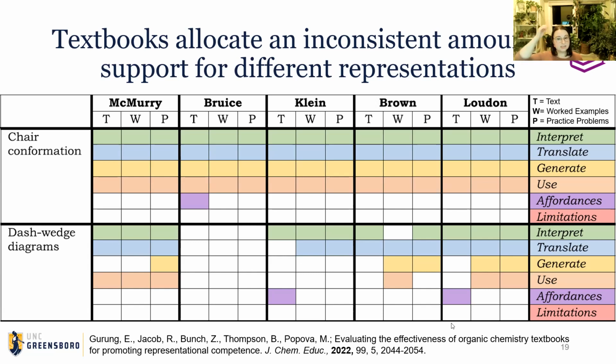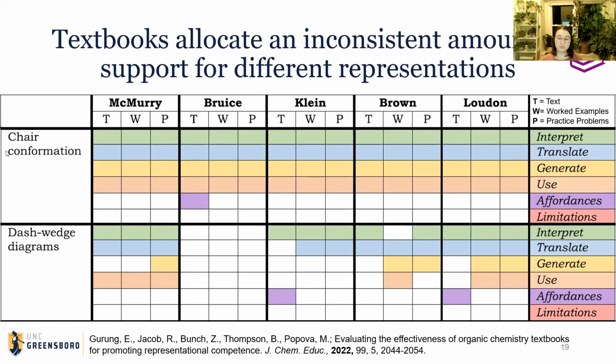But we can see a very different picture. Something else that our team was puzzled by: if you think about which of these 2 representations is more commonly used in organic chemistry, I would imagine you all will agree that dash-wedge diagrams and skeletal structures are the two most commonly used representations in organic chemistry, because once students move into reactions, that's how we represent reactions.